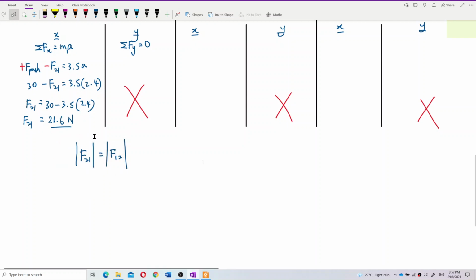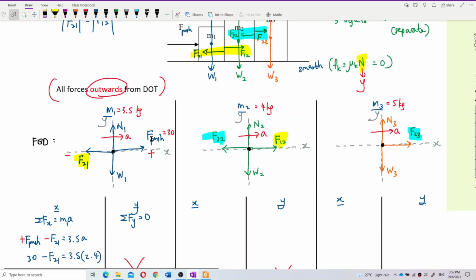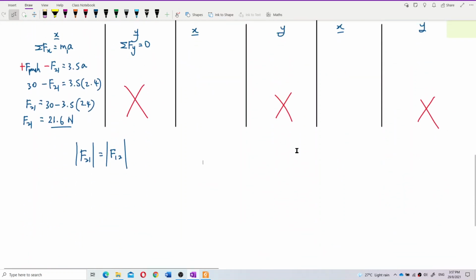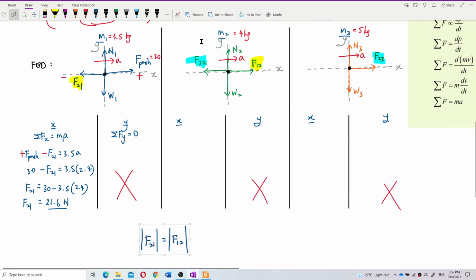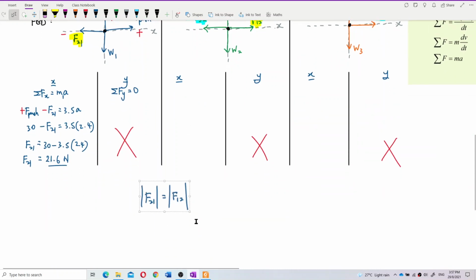F21 is actually equal to F12 because they are action-reaction forces. You understand? I can put it over here, between mass 1 and mass 2. F21 is actually F12, so that means it is equal to 21.6 Newton.